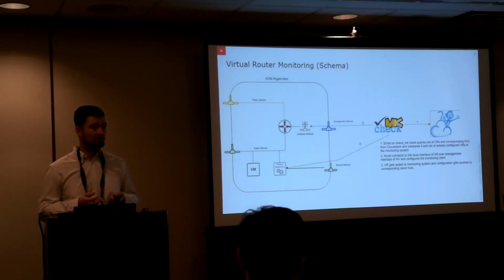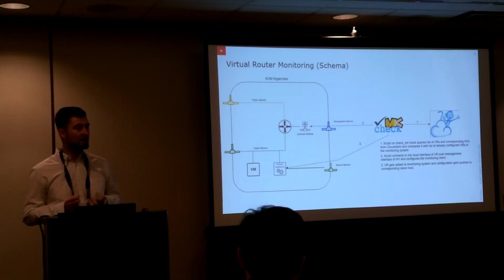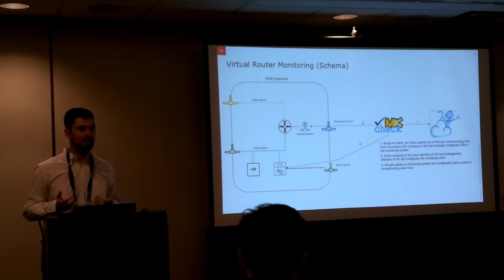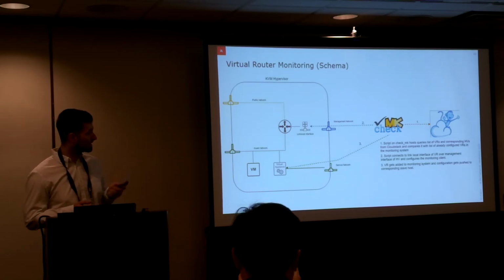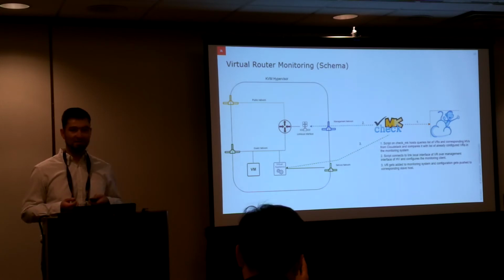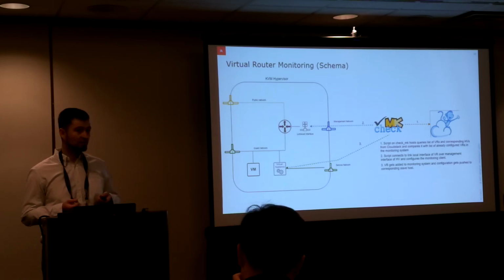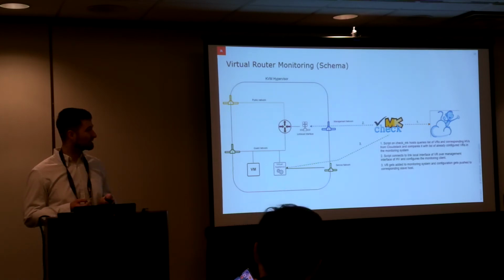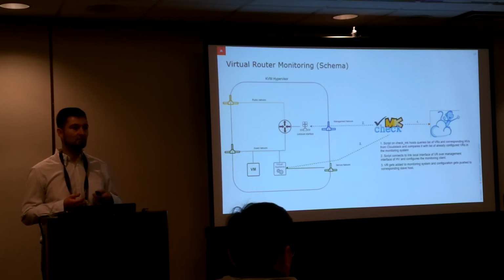With this information, we identify on which hypervisor the virtual router is running and use the hypervisor management interface as an SSH proxy interface to configure the virtual router. We use the link local interface because we use KVM. We have no direct connection to the management interface with KVM. We use this as a proxy for the link local interface, and in that way we install our monitoring agent and also the plugins we need for the virtual router.